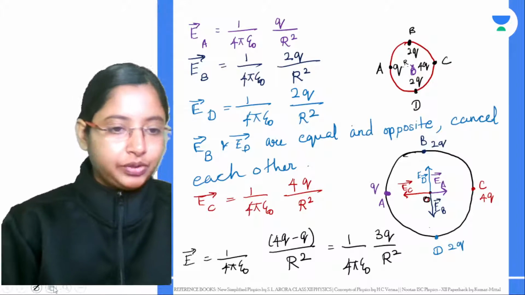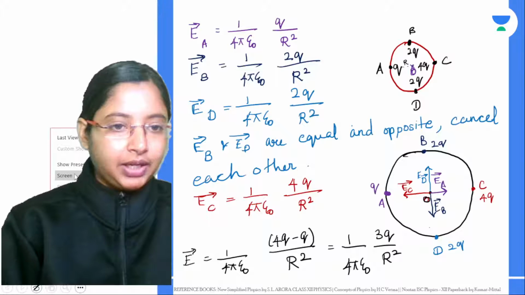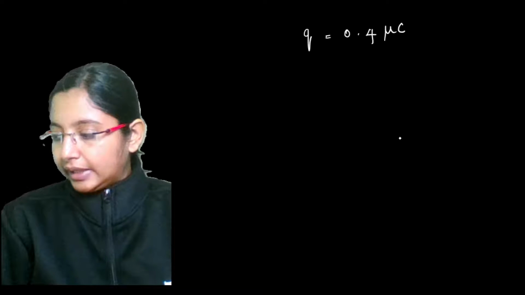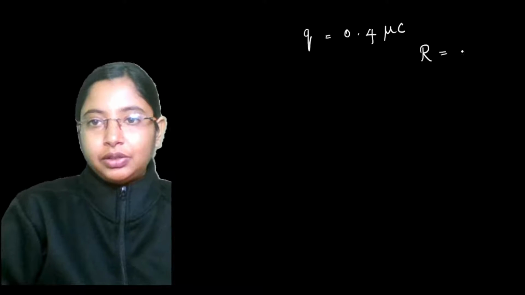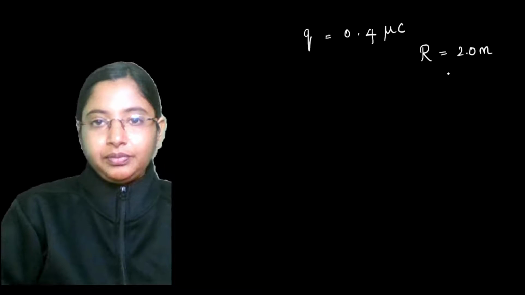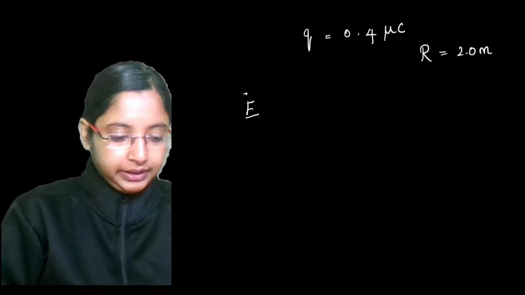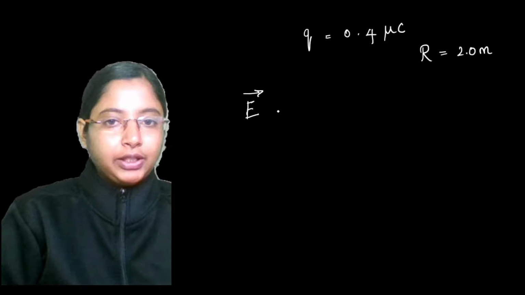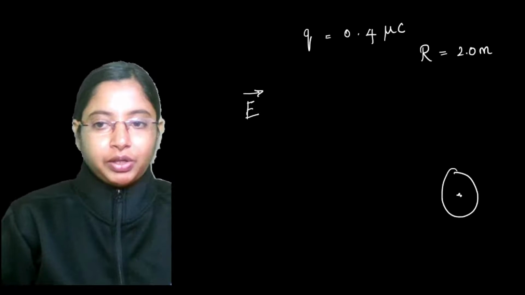Now let's substitute some values over here. Let's say for this given system, the charge q has a value of 0.4 microcoulomb, and r is to be taken as 2 meters. Okay, so the resultant electric field at O is because of A, that is acting in this direction because of a charge A, that is q.